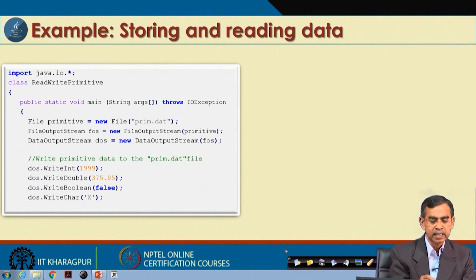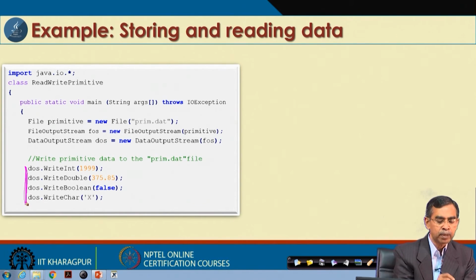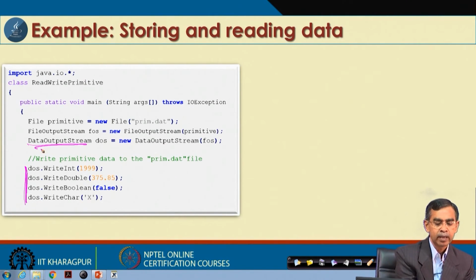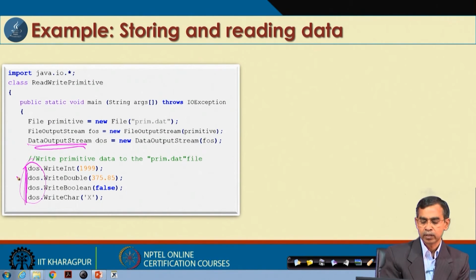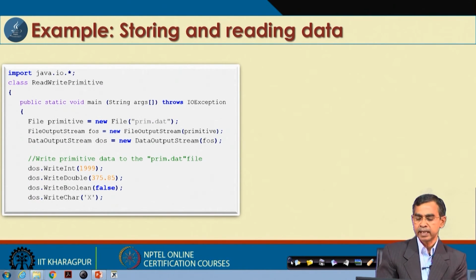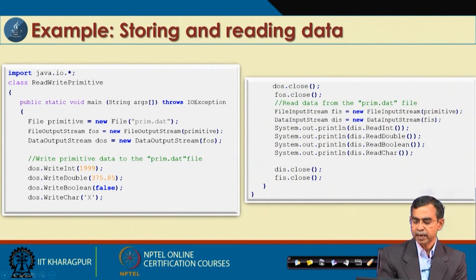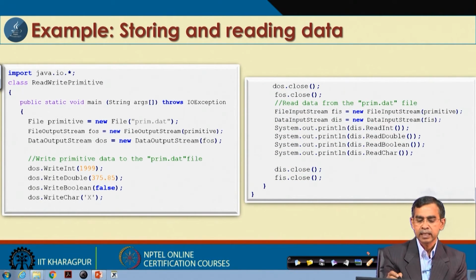So, here you can see the 4 different types of data which can be stored into a data output stream. Once the data output stream is ready, then the same data can be pushed into this file output stream. Now, this is the method, this is the rest of the part here, as we see.